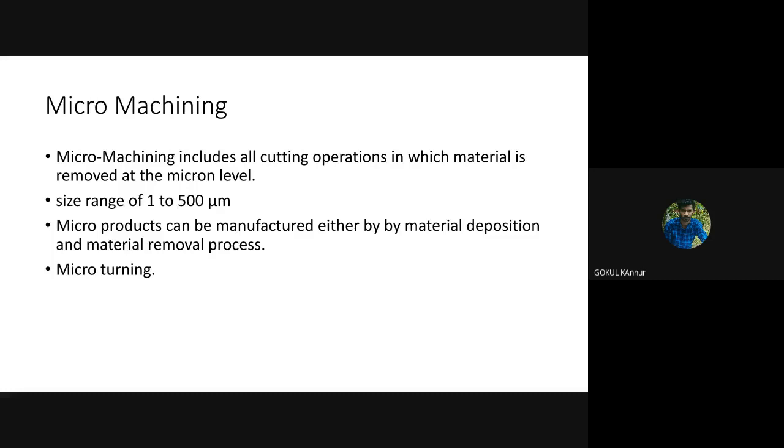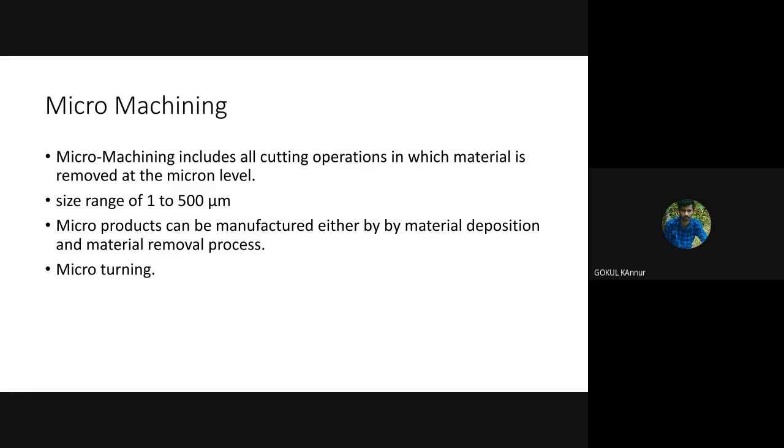You are producing precisely. So that is the main difference between precision and accuracy. Anyway, high precision and high accuracy machining at the nano level or micro level is possible in micro turning. So these are the basic introduction to micro machining.